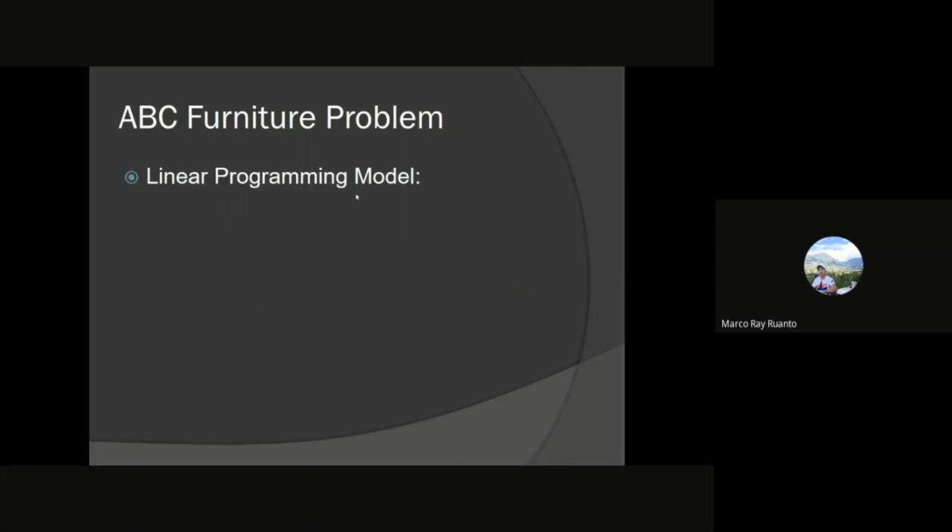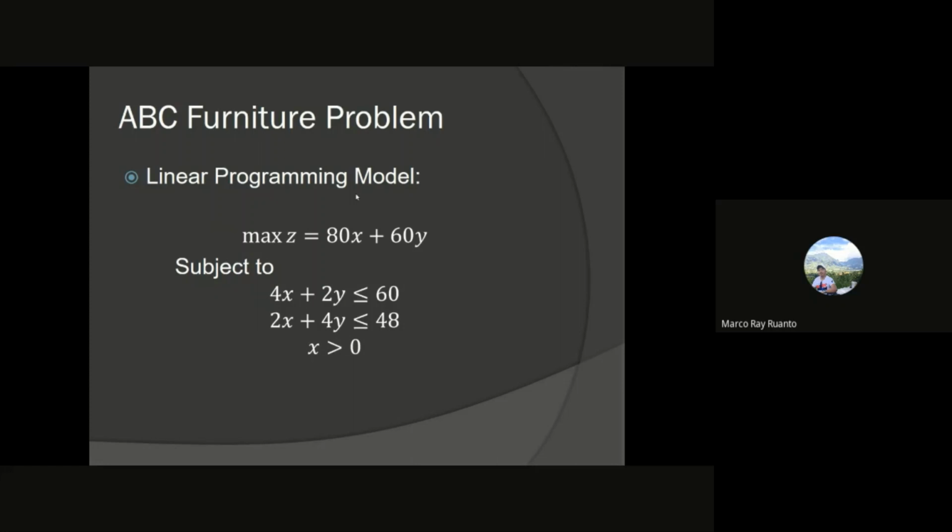In summary, this is now our linear programming model: we are going to maximize z, which is equal to 80x plus 60y, subject to the following constraints: the constraint for the assembly department, the constraint for the finishing department, and the non-negativity constraints. So that is how we translate the whole problem into a linear programming model.